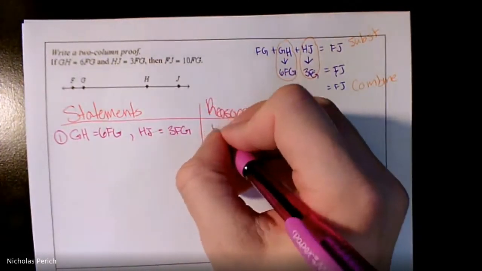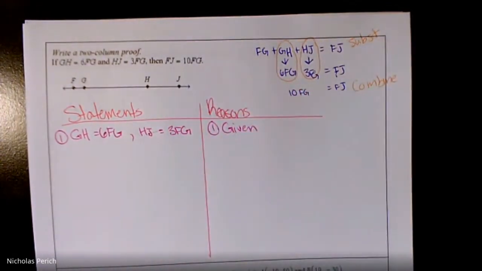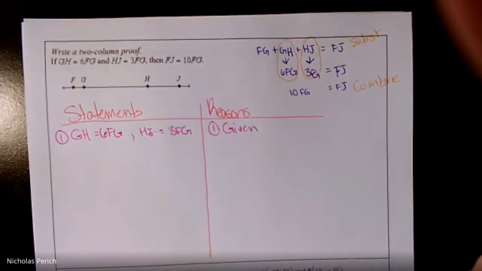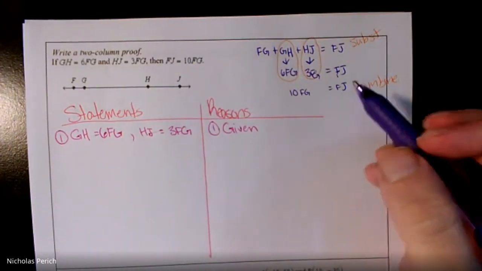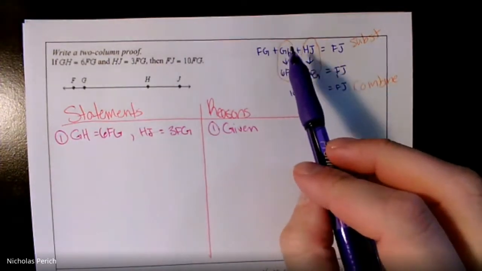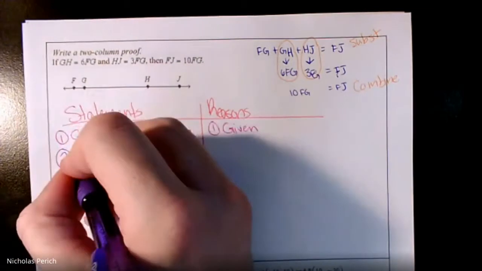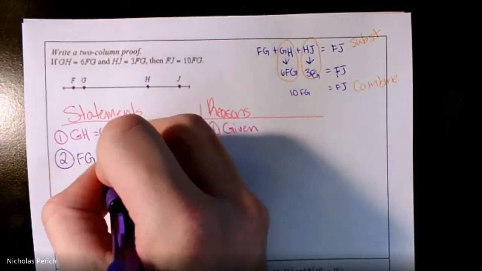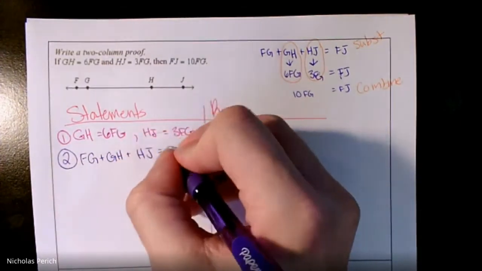That's my given. I can say that FG plus GH plus HJ equals FJ.